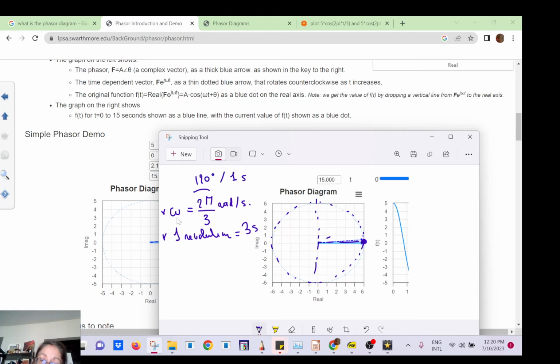So that's the angular speed, but you see that motion is going to repeat itself. So this is also equal to the angular frequency. So at a given time here, I can find the projection on the x-axis.